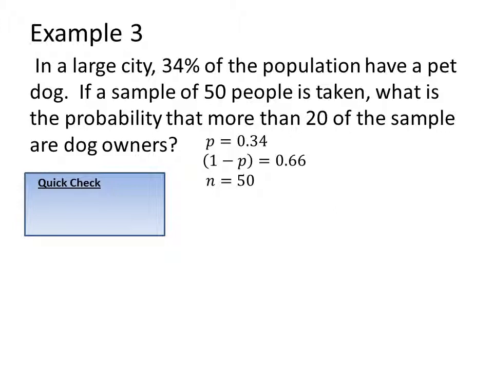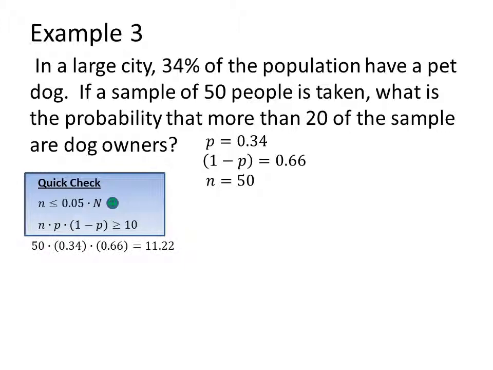Now let's see if we can use the normal distribution here. In this case, the first one, that n is less than 0.05 times N, well, notice they didn't even tell us the size of the population, so let's just assume that it's big enough so that we don't have to worry about that.